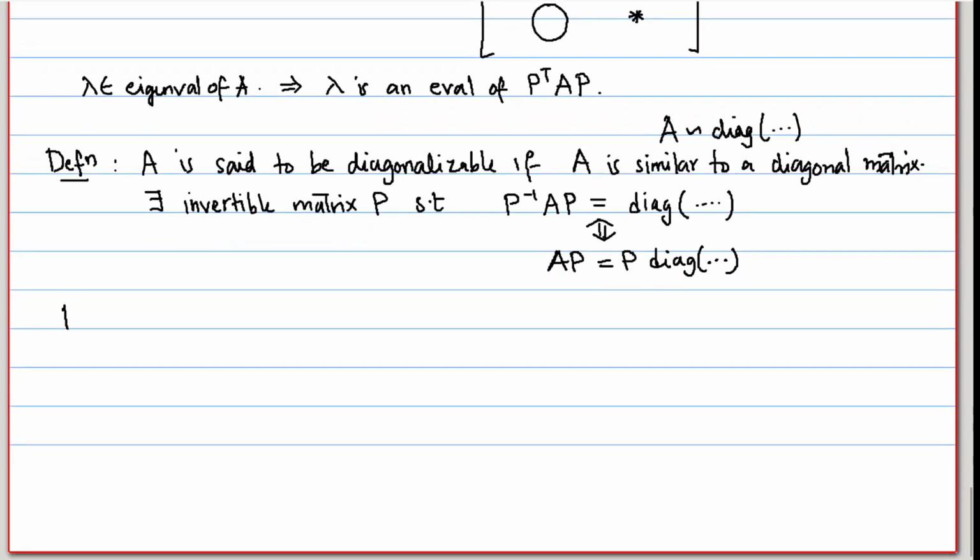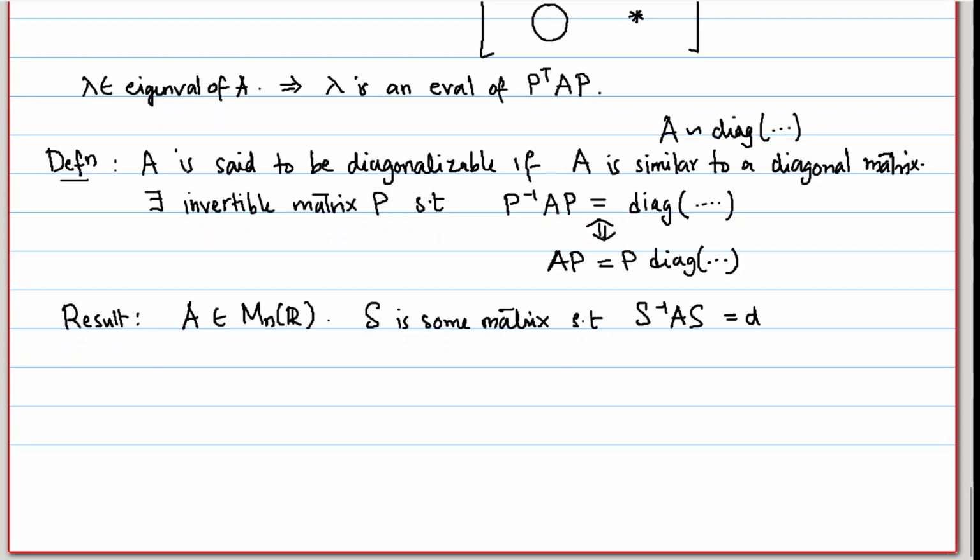So the very important result here is that suppose you take A to be in MnR, and suppose that S is some matrix such that S inverse AS is equal to the diagonal matrix with say D1, D2 up to Dn.